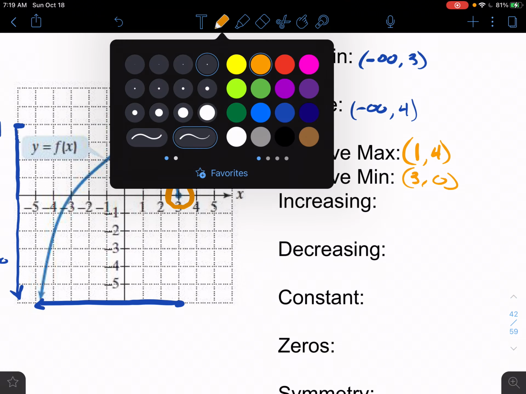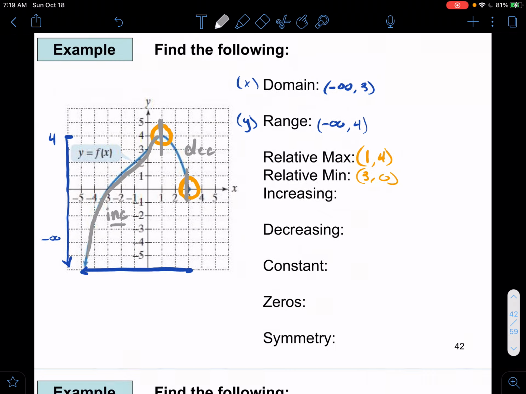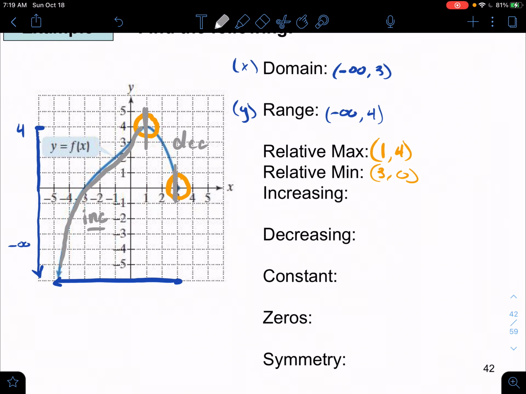Now, as for our increasing, decreasing. Thinking about our graph, it appears that we are increasing all the way over here. We're going up, up, up. We hit our high point, and then we drop a little bit. So then we decrease from there. So we are increasing from negative infinity all the way up to 1.